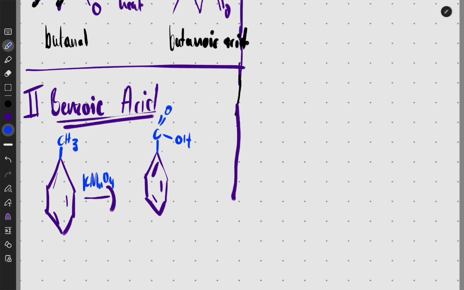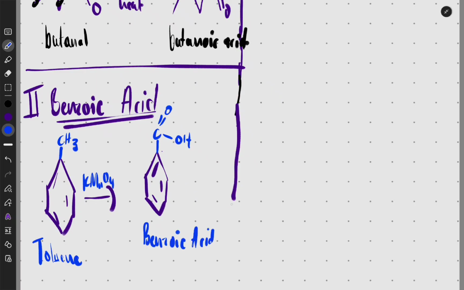That is exactly what happens, and that is how you get your benzoic acid. Benzoic acid is from what? From toluene. That is why we talked about him in the last lesson when we talked about the benzene ring. And this is going to be benzoic acid.